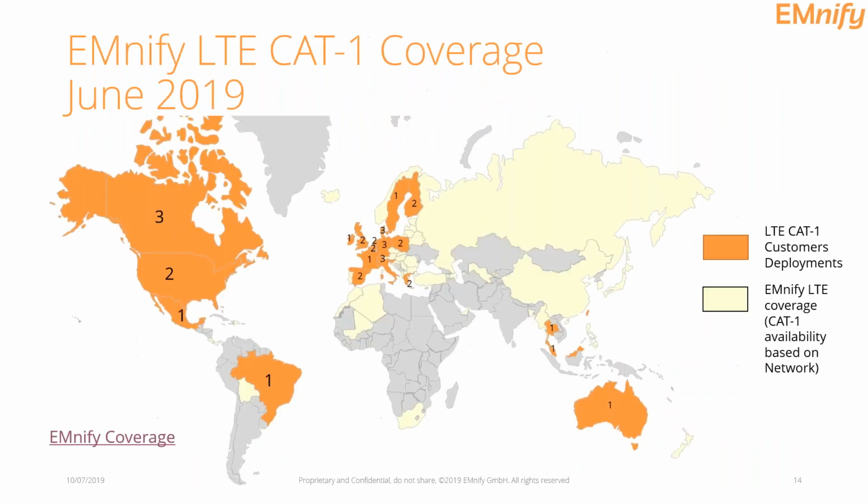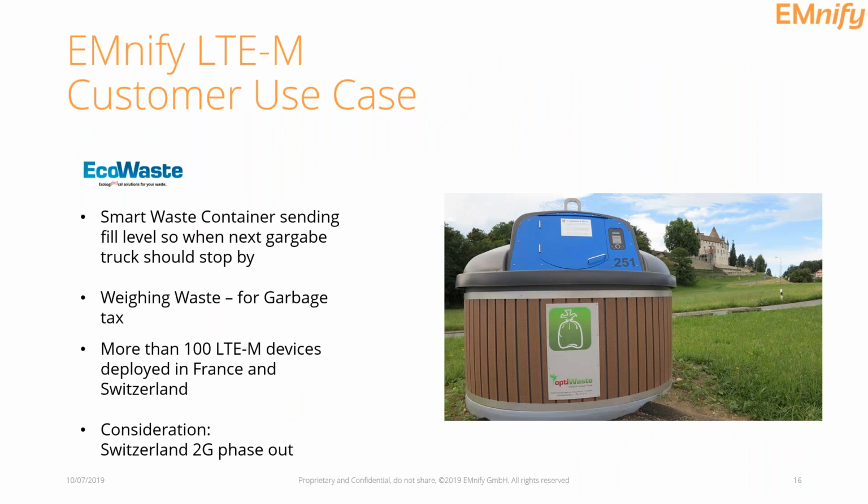And for that, I want to give you a nice use case from one of our customers, EcoWaste. EcoWaste is a company that builds smart waste containers, and basically they're sending the fill level of the garbage bin. So instead of a garbage truck coming by every week, the bin itself just tells the garbage truck, please come because I'm full now.